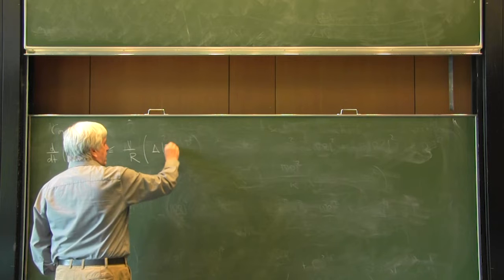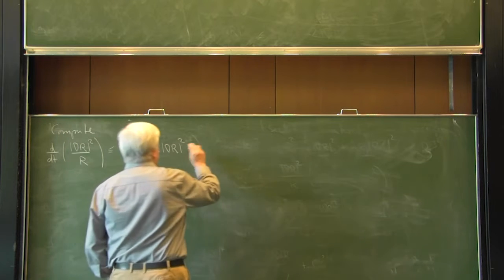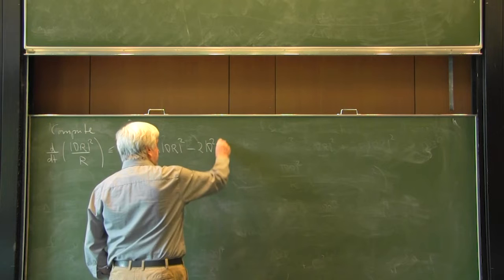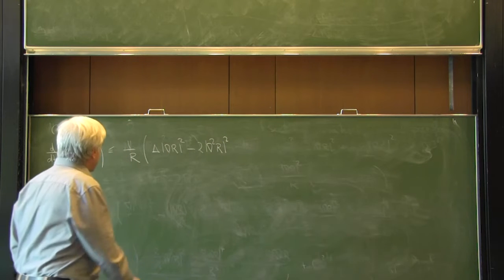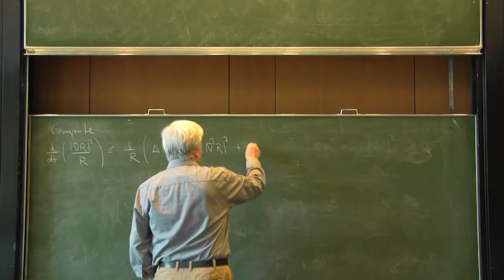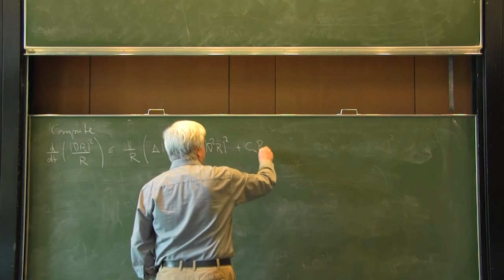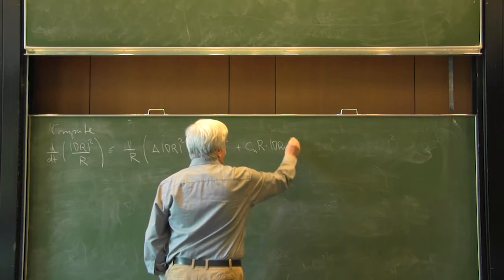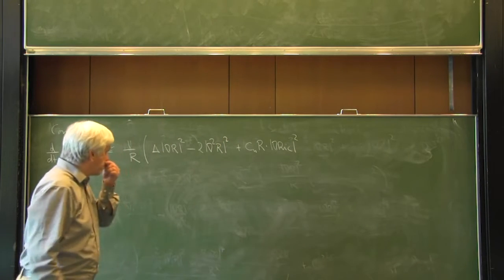So we have the Laplacian of the gradient of the scalar curvature squared, minus 2 times the Hessian of the scalar curvature squared. And then we had some term depending just on n times R times the gradient of the Ricci tensor squared.